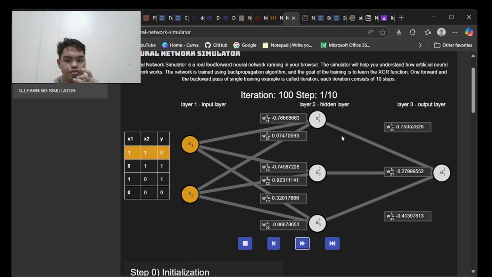Then for our hidden neuron A2 here, it is around 0.75. And for our hidden layer neuron A3, it is around 0.32.